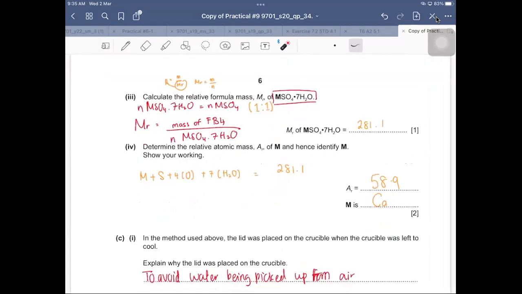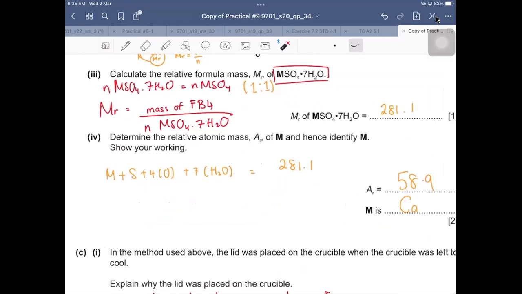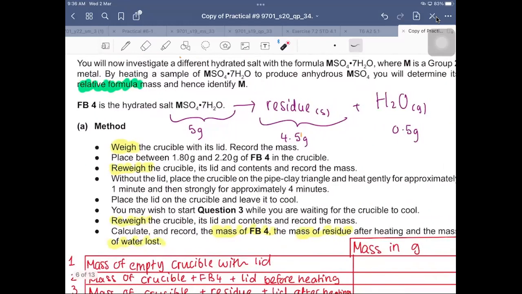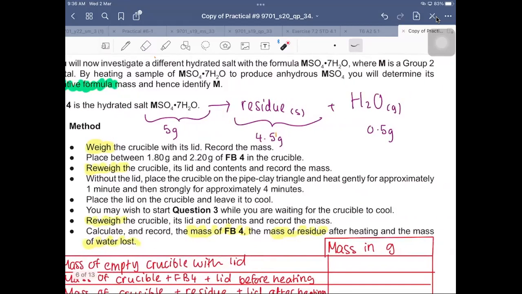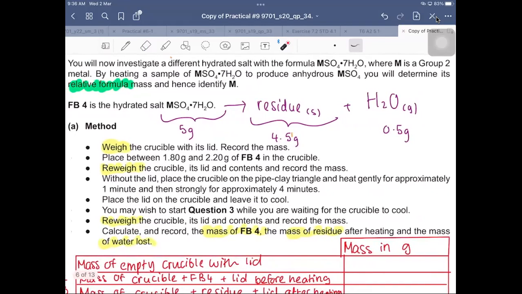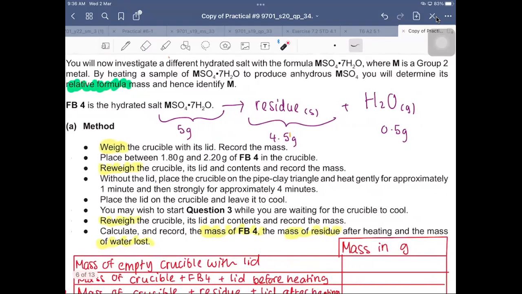Okay. Next one. In the method used above, the lid was placed on the crucible when the crucible was left to cool. Okay, so after heating, I don't remember what we did. Heating without the lid, and then place the lid. Right. So during heating, you open the lid, you let the gas escape. Then you let the H2O escape.